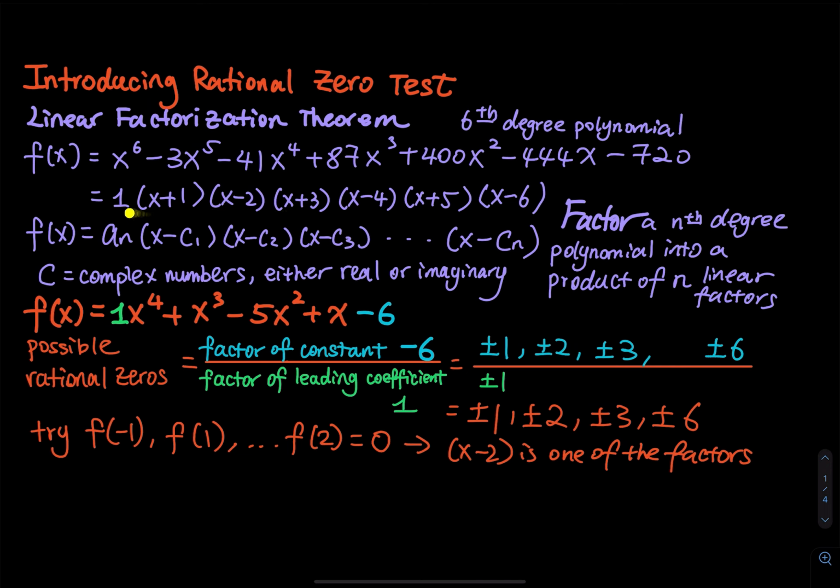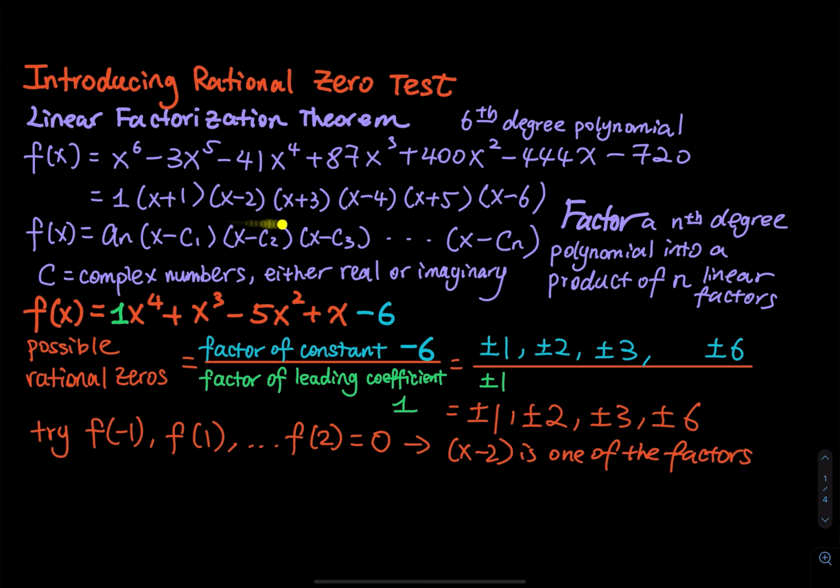Set the whole line equal to 0 to solve for x, so we get x equals -1, x equals +2, x equals -3, +4, -5, and +6. So when you set that equal to 0, this gives you x equals +6. Now, continue. When you plug in x equals +6 into this polynomial, do we agree that that is equal to 0? Let's do that one more time.